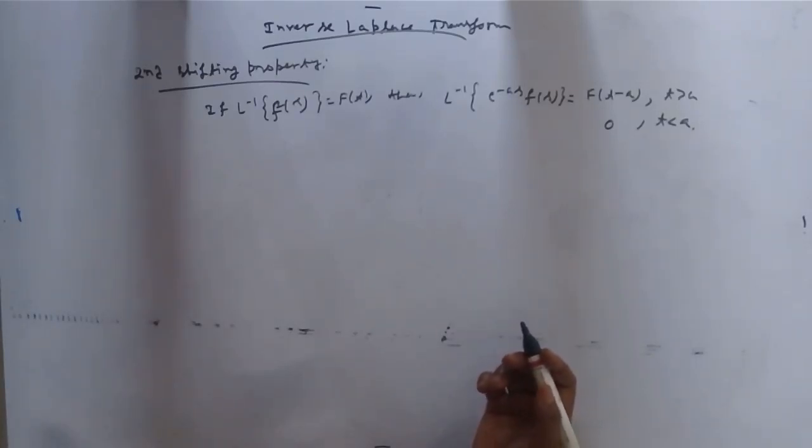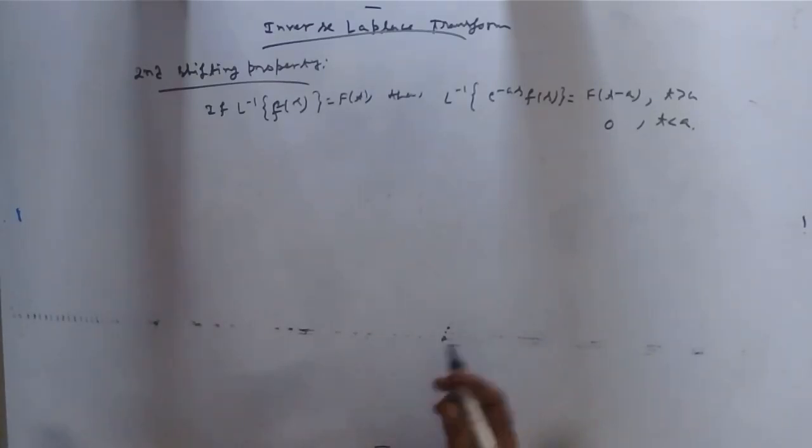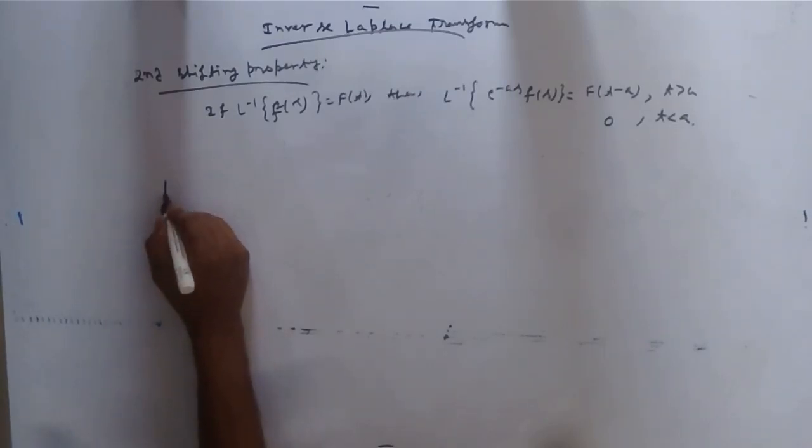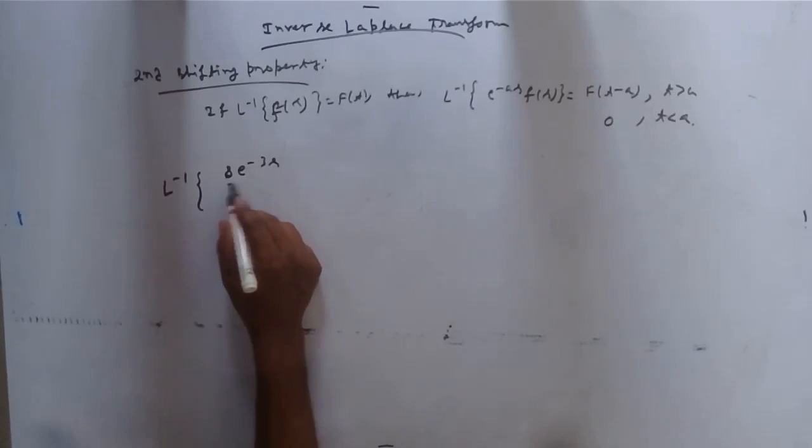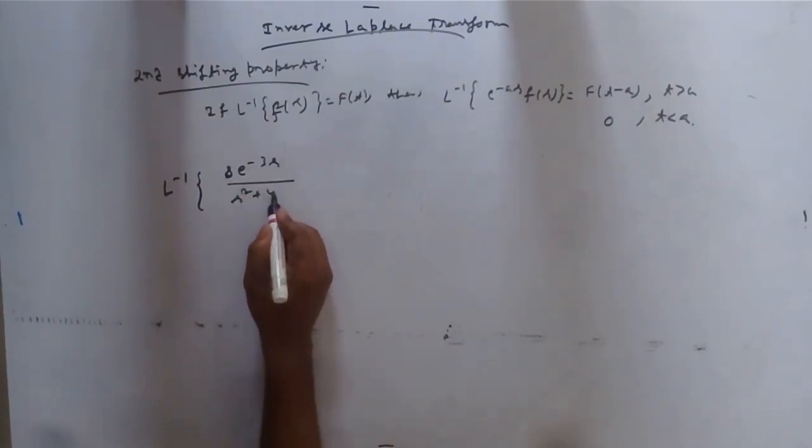Let us take an example of the second shifting property. We have to find L inverse of 8 e to the power minus 3s by s square plus 4. Okay. So we will solve this sum using inverse Laplace transform.